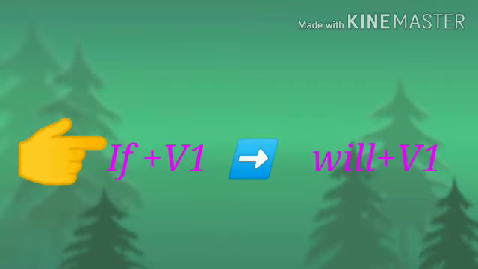An important thing to take care of here is, if there is V1 in the if clause, we must use will or shall or can or may plus V1 in the main clause.